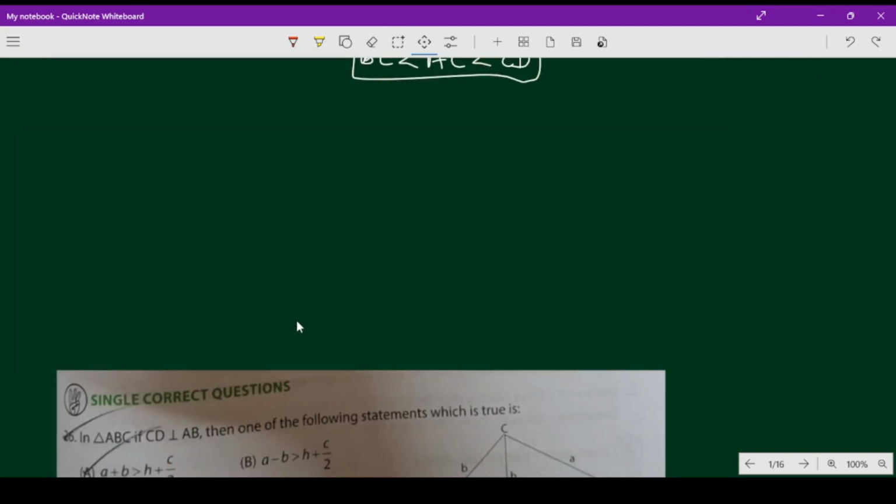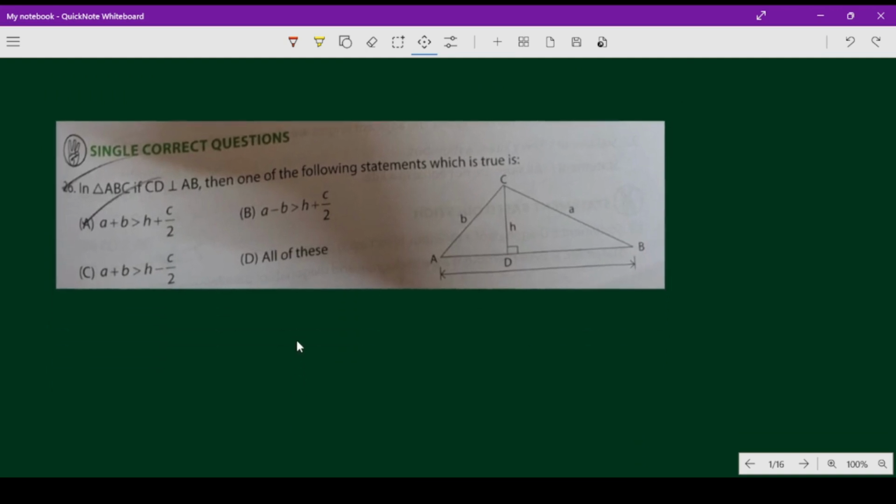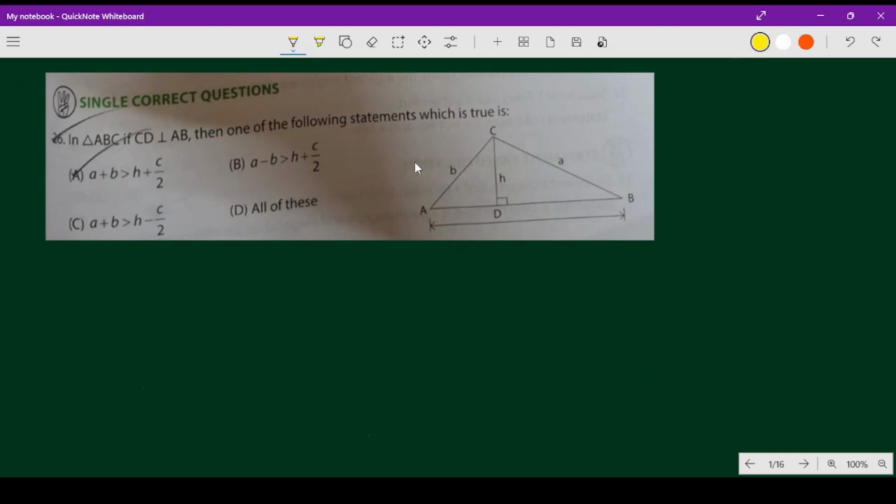Now let's move to another question. They have given triangle ABC in which CD is the altitude on side AB. Then we have to find out which of these options is true.